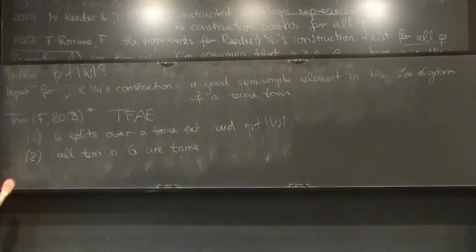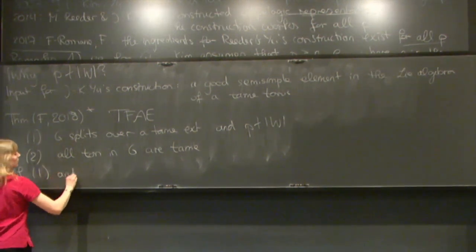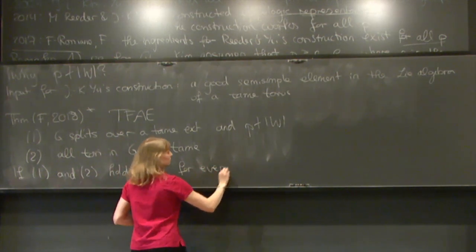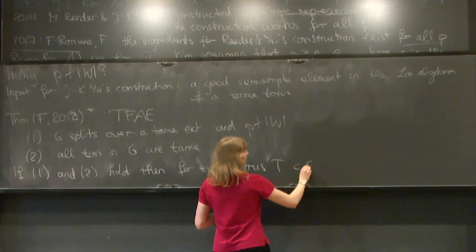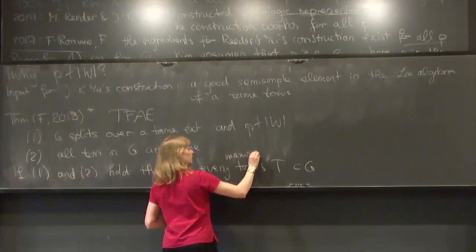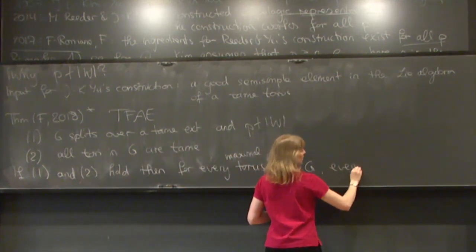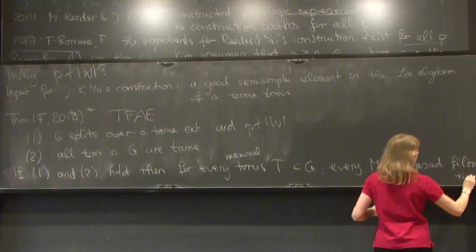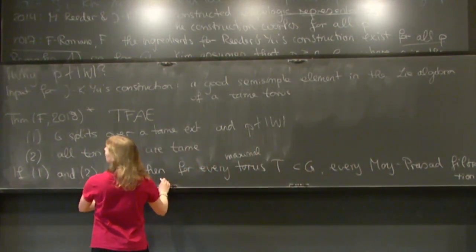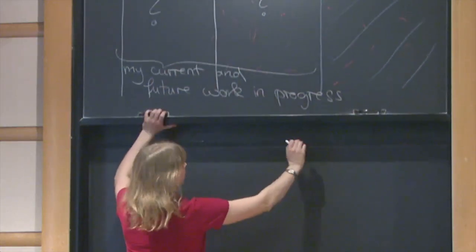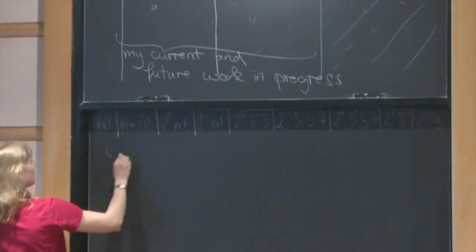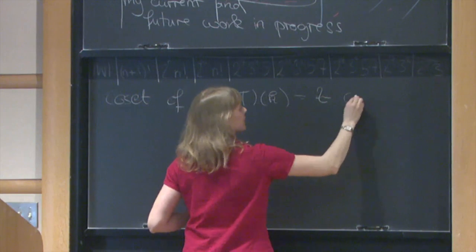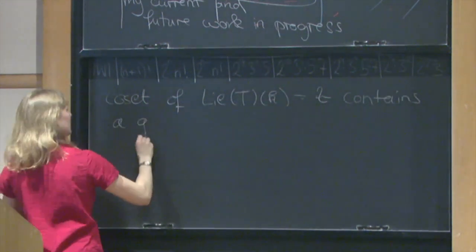And I should say that in addition, if 1 and 2 hold, then I also show that for every maximal torus T inside G, every multi-set filtration coset, I'll define this afterwards as well, every multi-set filtration coset of the Lie algebra of the torus, let me call this just frak T, actually contains a good semi-simple element.